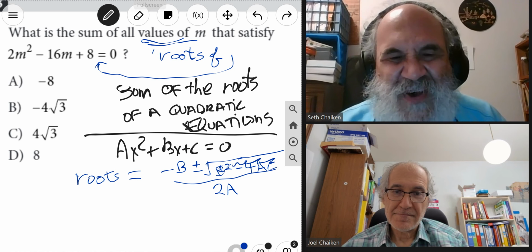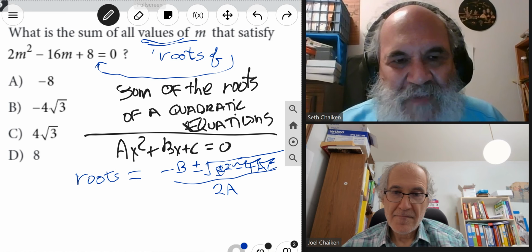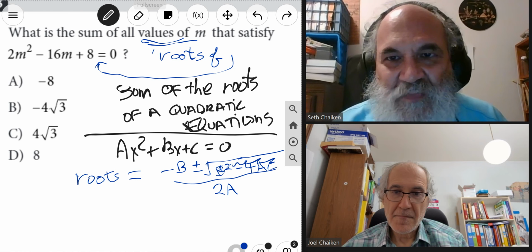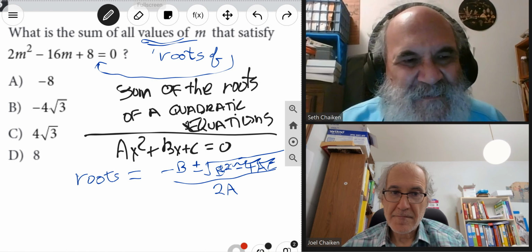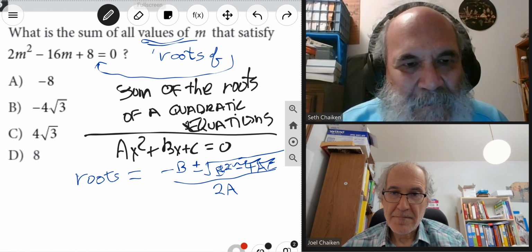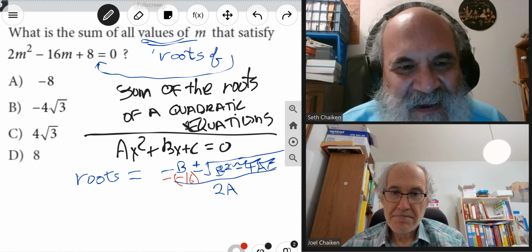But suppose I took the formula. It's easy to substitute B and A. I'll use red to substitute B and A. B is minus 16, and of course the formula has a minus there.